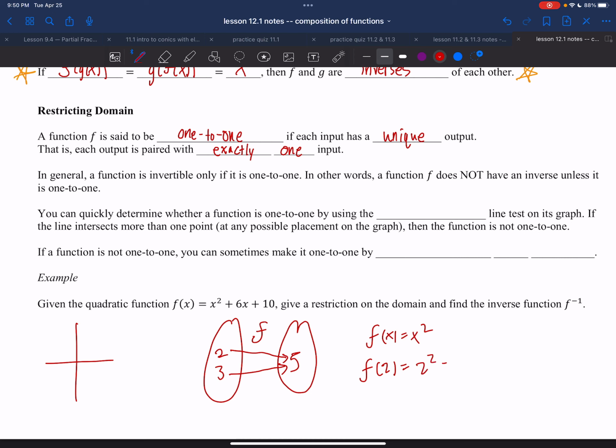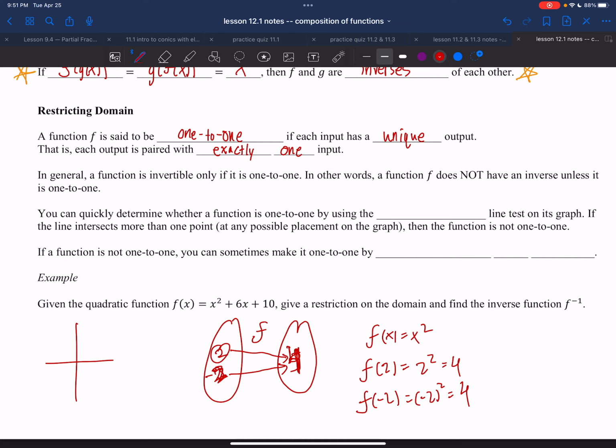That's 2 squared, which is 4. What's f of negative 2? It's negative 2 squared, which is also positive 4. So here's 2, here's negative 2, and both are mapping to positive 4. And that's okay. It's still a function.